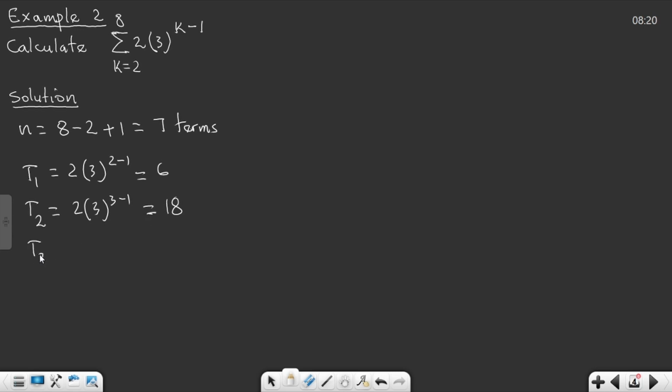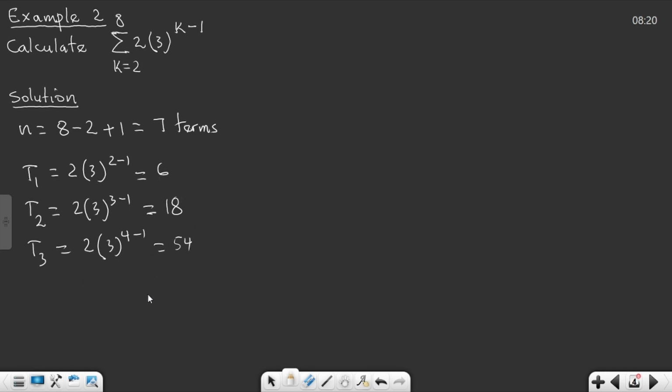And then T3 will give me, you have 3. Now you replace with 4 minus 1. And this will be 3. 3 to the power of 3 is 27 times 2, which is 54. So we have our first 3 terms.